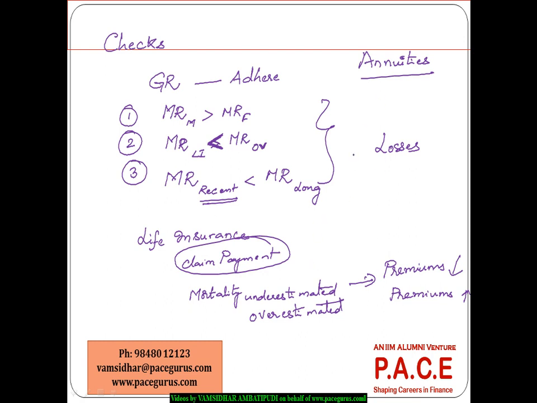If the mortality rates are underestimated, saying less number of deaths compared to the expected, the chance of death is lesser compared to expected, then probably the premiums that are charged are going to be much higher, because the pension payments happen only as long as the party is surviving. So if the overestimation of the mortality is there, then there will be inadequate premiums.